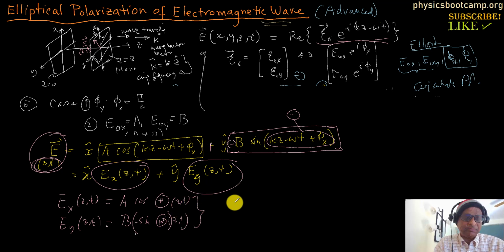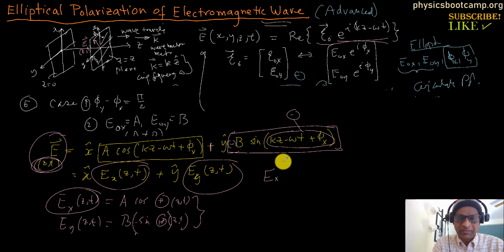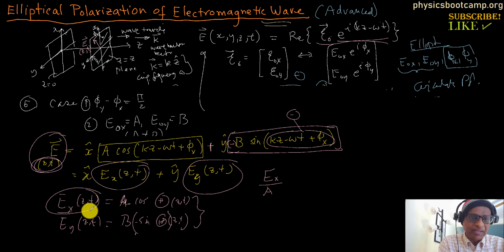So you can see that Ex, not E0, but the x component of the electric field over A. So bring A on this side and bring B on this side.